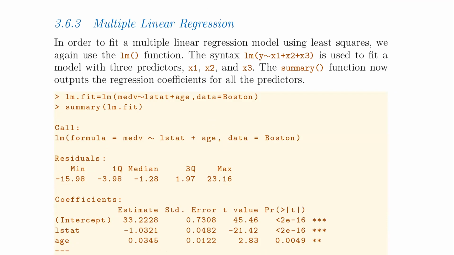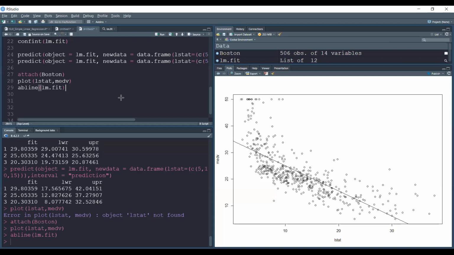So don't think of that as addition, as in you're actually adding the values. It's still 3 separate predictor variables. The summary function now outputs the regression coefficients for all the predictors. So what are we regressing on? LSTAT and age. And we're going to save it as lm.fit. So we're going to overwrite the previous model.